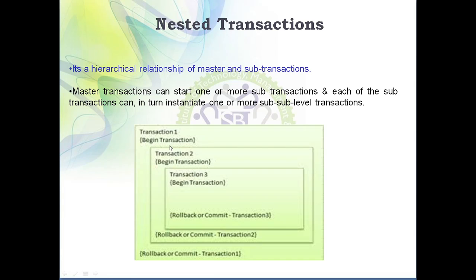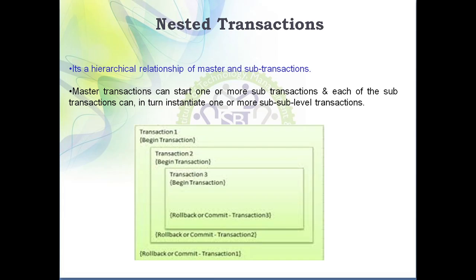Now look at this diagram. Here you can see under the transaction T1, transaction 2 is there and transaction 3 is there. So we can say that it is a concept of nested transaction. When you say that transaction 1 is successfully executed, what is the necessary condition for transaction T1 to be executed successfully? Is it the case that only transaction T1 has to execute successfully?